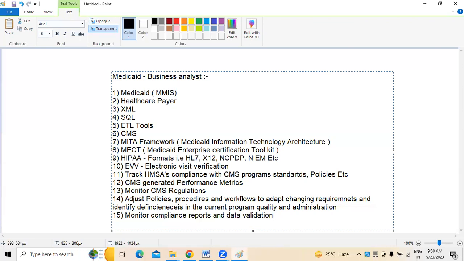The normal skill set of a BA is known to everyone: requirement gathering, understanding the requirements, enterprise analysis, requirement lifecycle management, business or strategy analysis, JAD sessions, user stories, UML diagrams, workflows, process flow diagrams, wireframes, mockups, use case preparation, test cases, right?